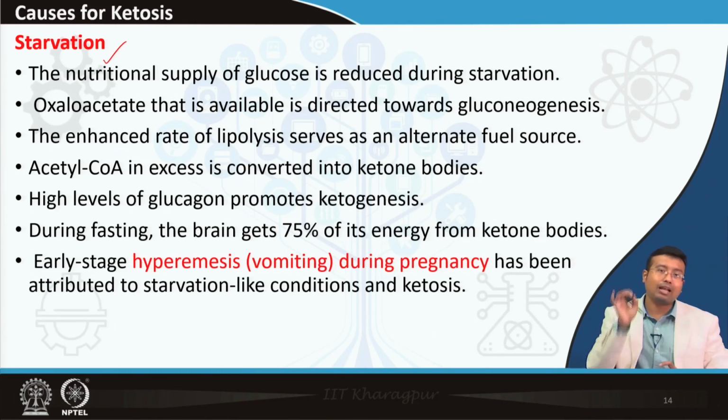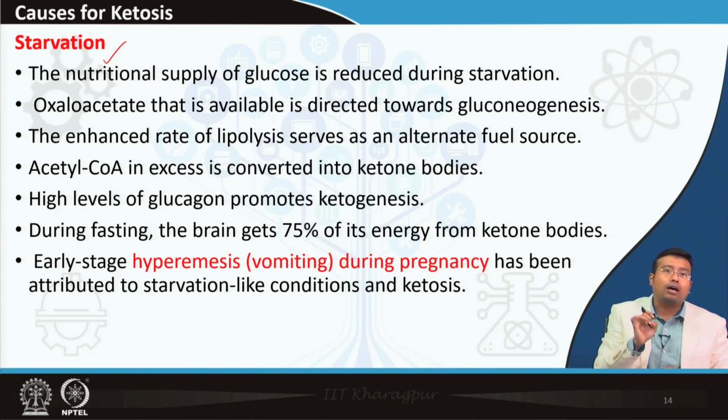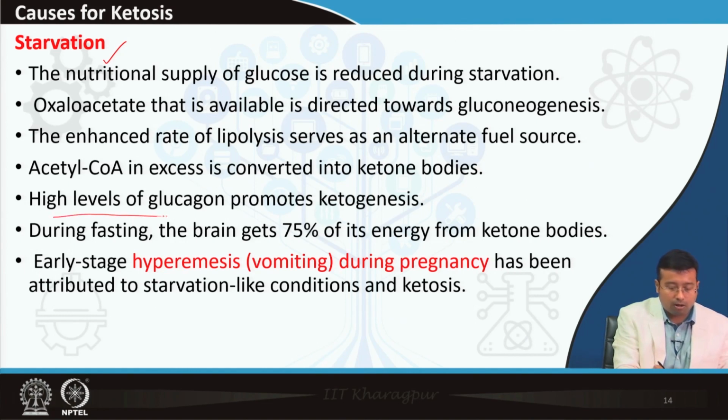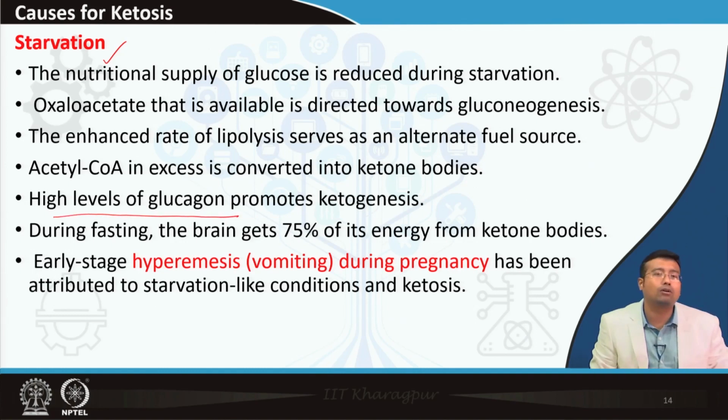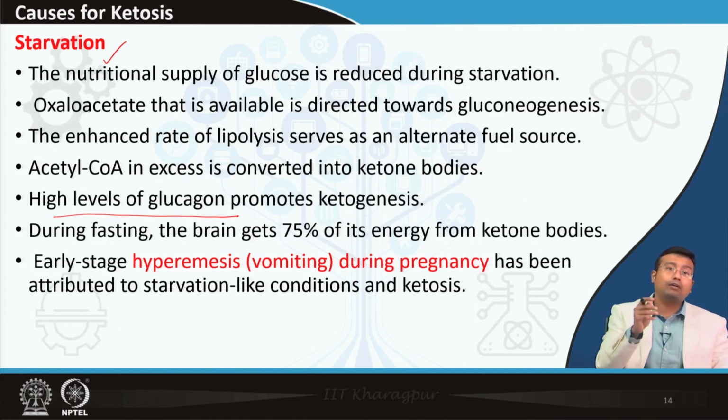All right. There is also another hormone that promotes ketogenesis, that is high level of glucagon. Do you know when glucagon level is high? Glucagon level is high when the body needs to synthesize more glucose or when the body is in a hypoglycemic state. So, the body is already in a hypoglycemic state.